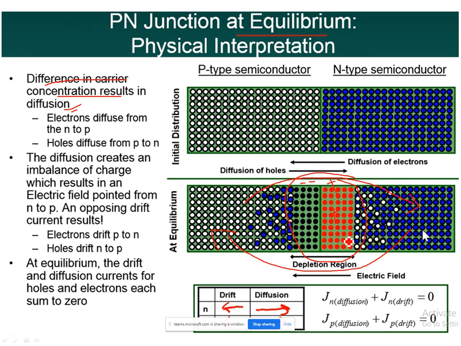Now there is one more current in the depletion region, right? Why is that happening? The other type of current is the drift current, right? Now we know what drift current is. What is the main cause of drift current?